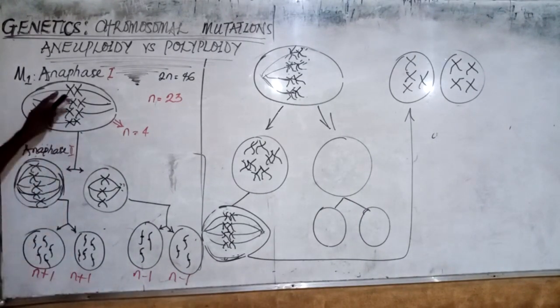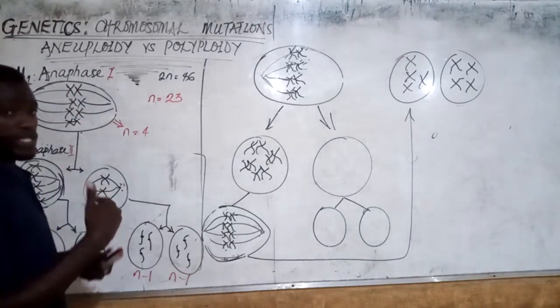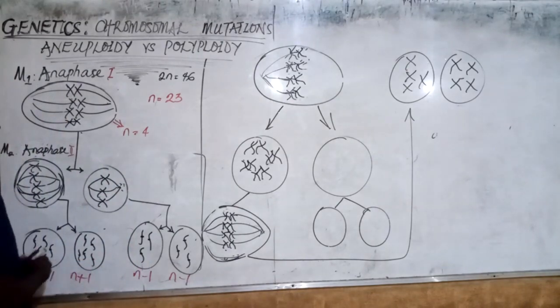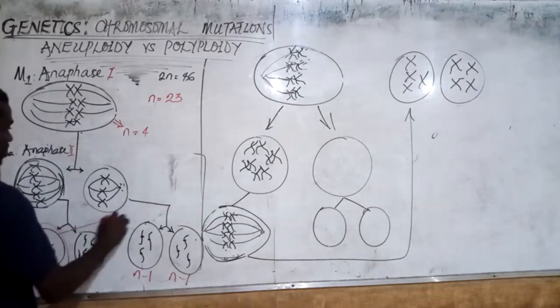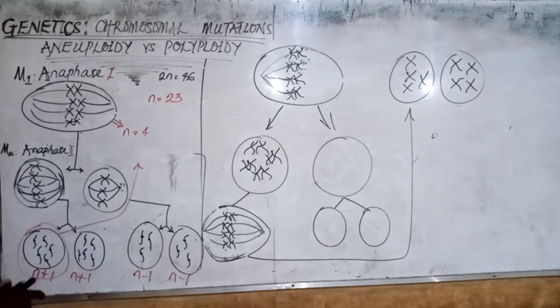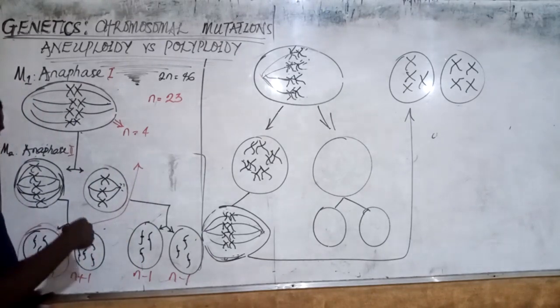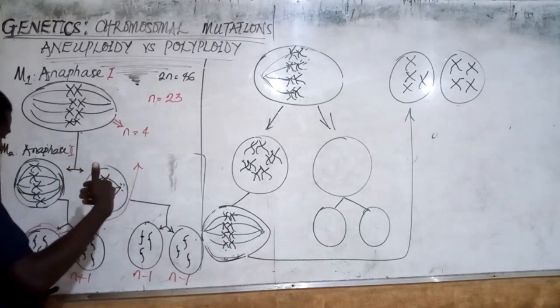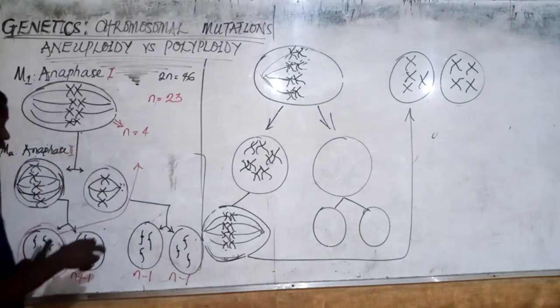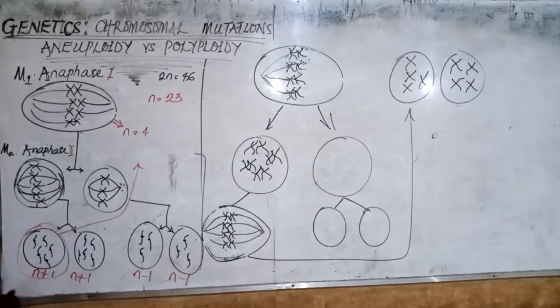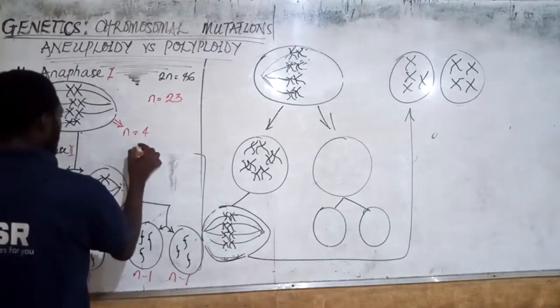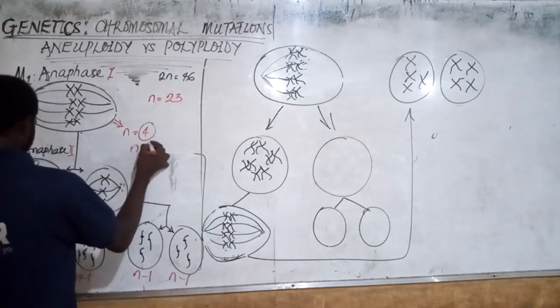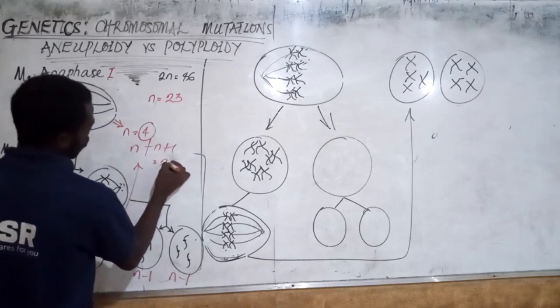Alright, so that is what happens with aneuploidy. Now, there is a possibility of syngamy with different chromosomes. If this particular gamete fertilizes another haploid cell that is normal, it's going to produce n plus n plus 1, which becomes 2n plus 1.